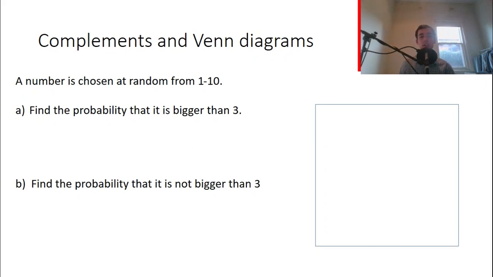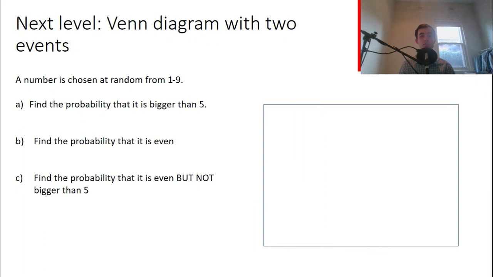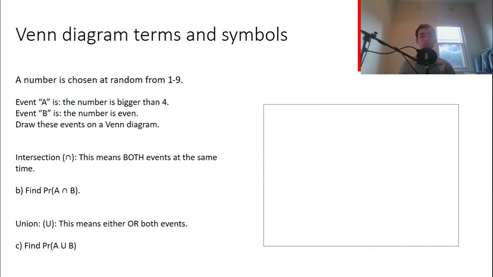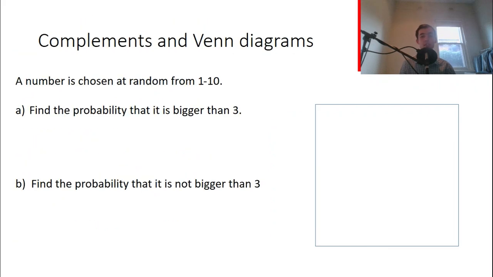And we're going to eventually have some problems with two events at the same time, so event A and event B, and solving problems with that. But we're just going to start very simply with a problem that you might have seen before. A number is chosen at random from 1 to 10. And the question is, find the probability that it's bigger than 3.